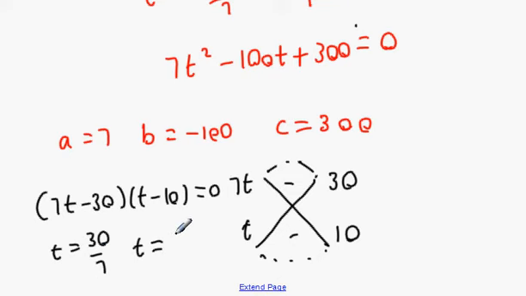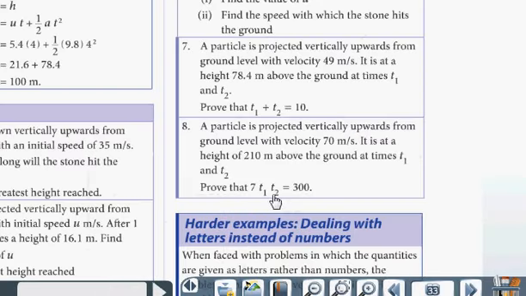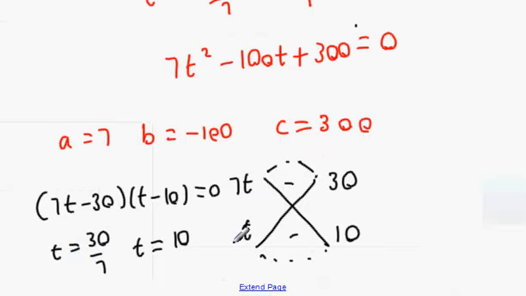And what we're asked to do is prove that 7 t1 t2 is 300, yeah? Okay, this is t1, this one's t2. So what you're going to get is the following. You're going to get 30 over 7 multiplied by 10.